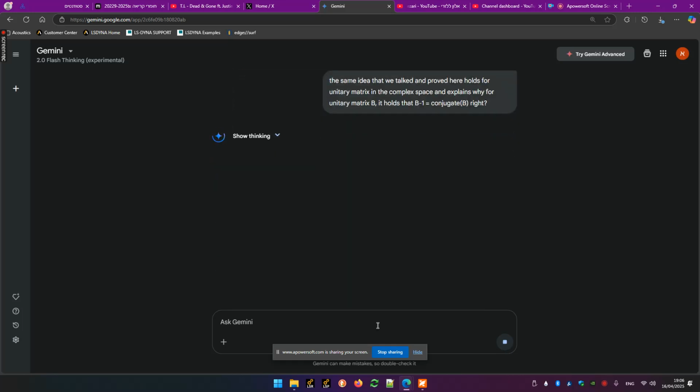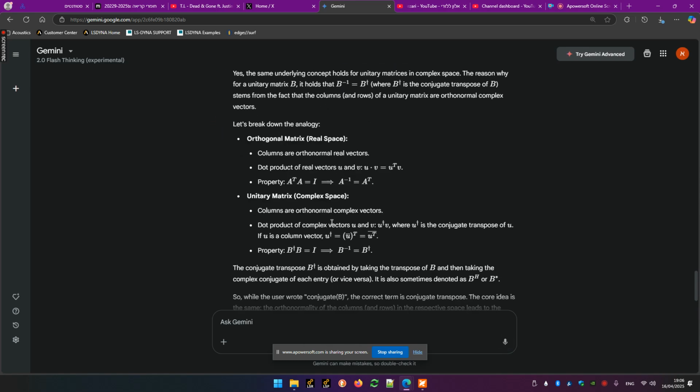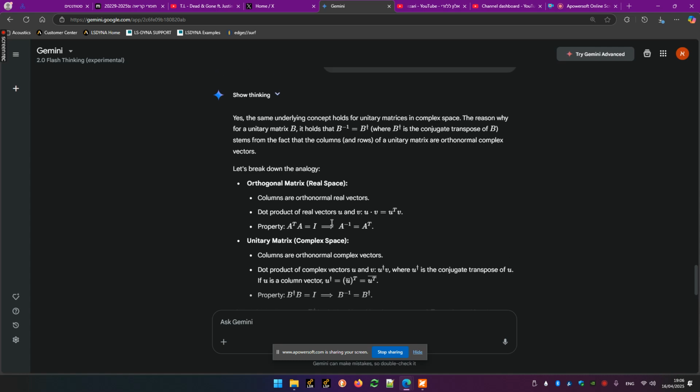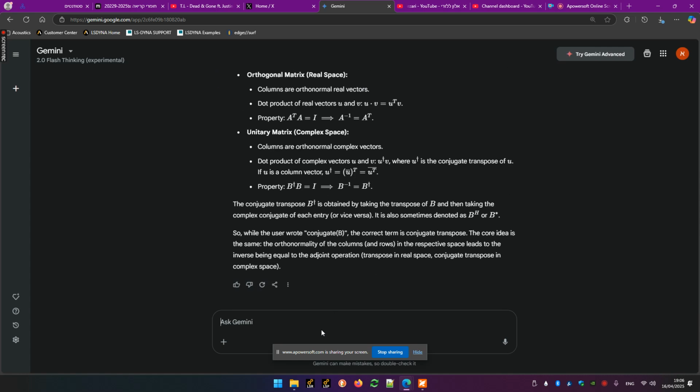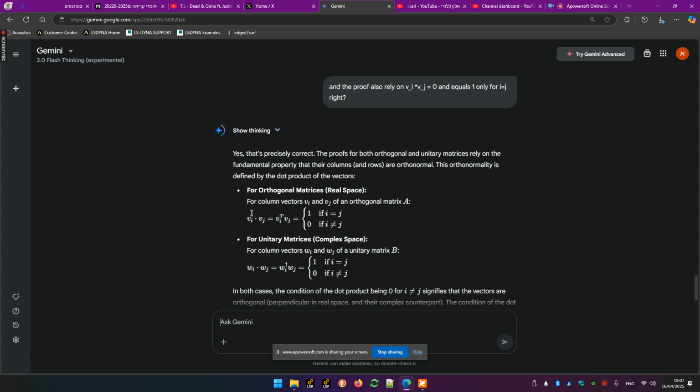So the same idea holds for a unitary matrix, as you can see right over here, when the underlying mechanism is the same, with the complex conjugate for unitary matrix, and the proof also relies on Vi times Vj equals 0, and equals 1 only for i equals j, right? Yes. So you can see that the idea is quite the same.